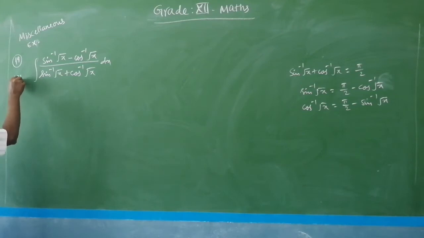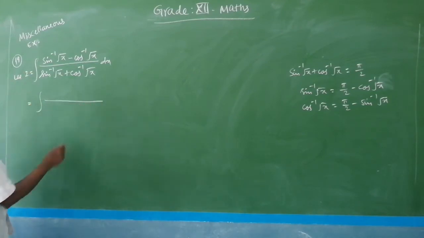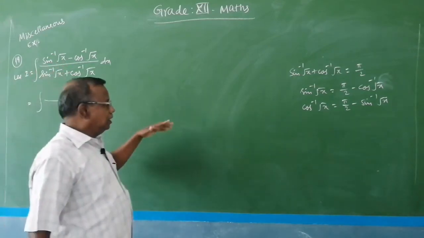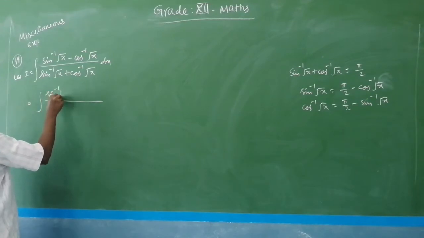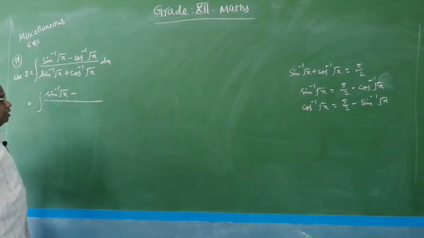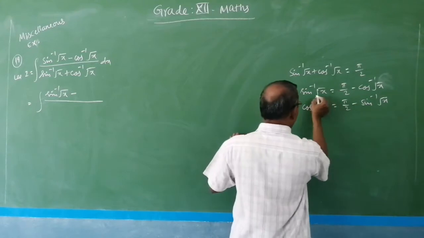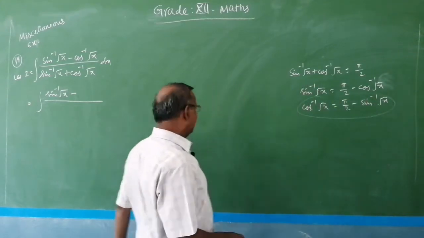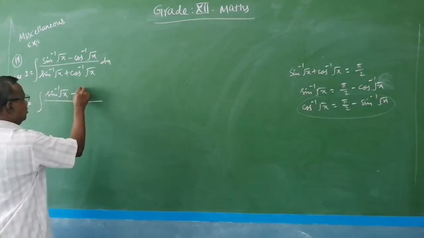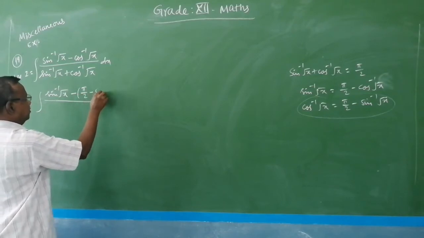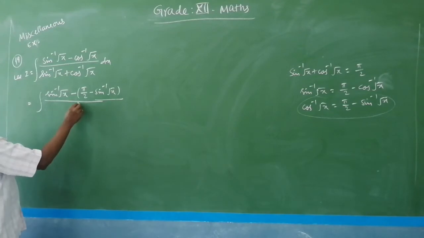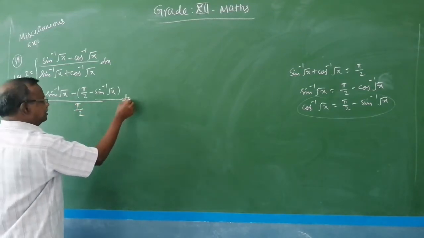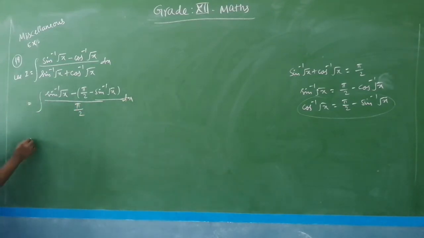We substitute here. Assume this is I, so I equals the integral where the numerator, instead of cos inverse of root x, we can write pi by 2 minus sin inverse of root x, so sin inverse of root x minus (pi by 2 minus sin inverse of root x), and the denominator is pi by 2, into dx.